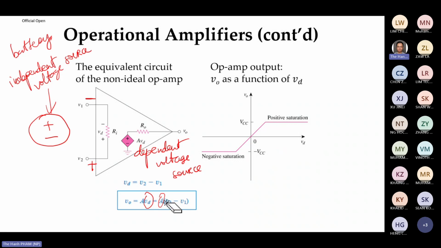As long as you have a small difference between V2 and V1, the output voltage becomes either VCC or minus VCC, right? So you should have feedback in an op-amp circuit.